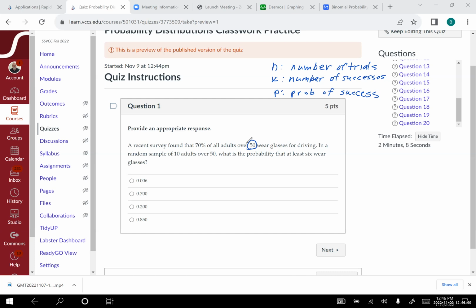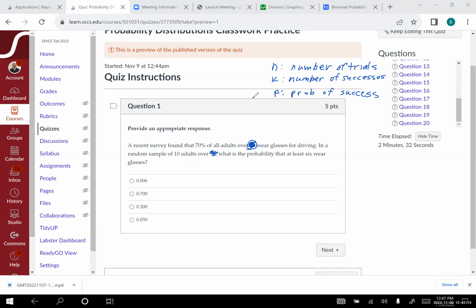It doesn't matter how old these people are, but they throw these extraneous numbers in here just to throw us off, because we're going to try to stick that 50 in a formula somewhere, and it doesn't belong. That's just talking about how old these people are. So I don't like when they do that, because I think they're being tricky, and they don't have to do that.